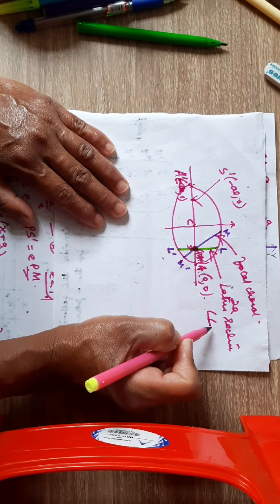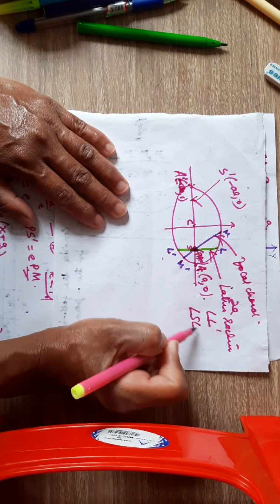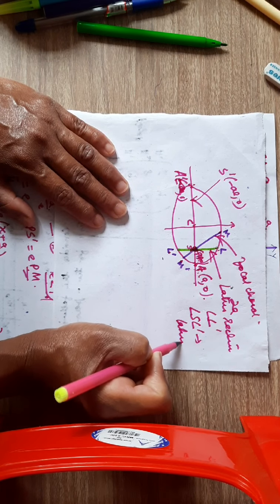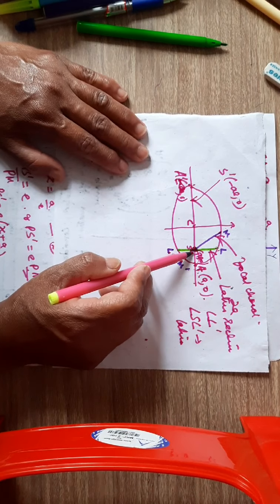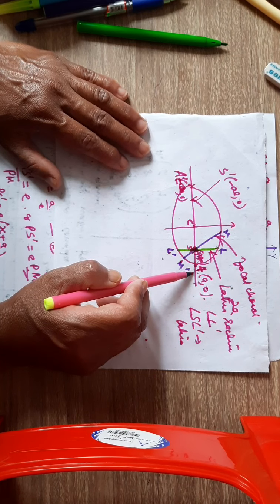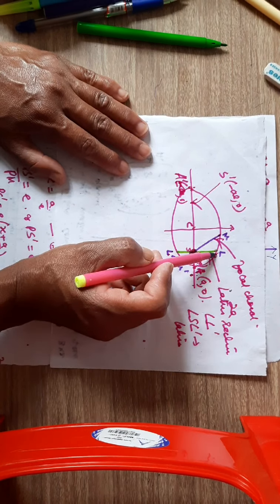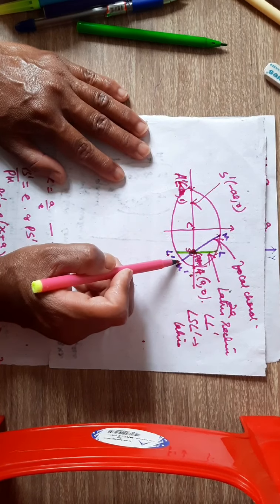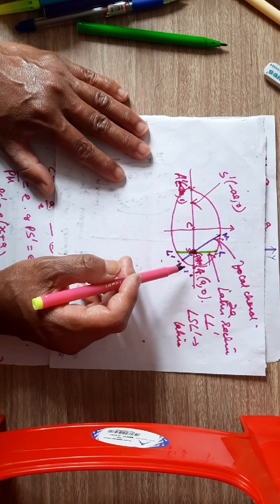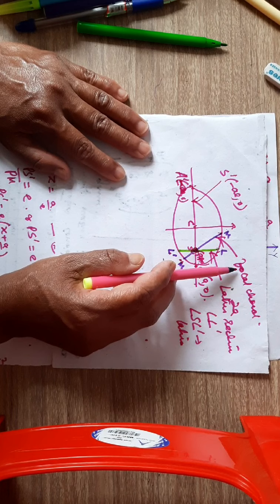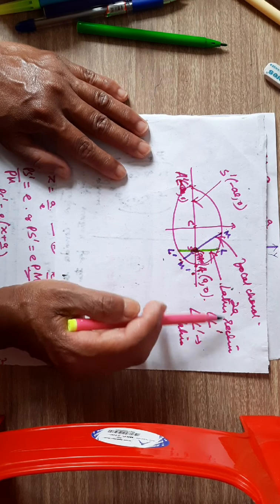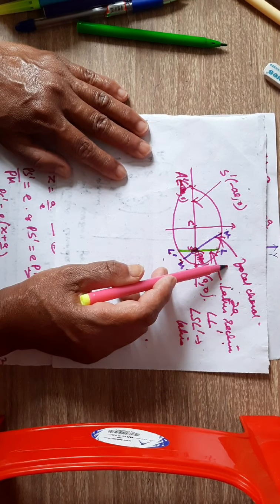Then LSL prime is a latus rectum. It is nothing but a focal chord perpendicular to the major axis. But MM prime is just a focal chord. So from here we can conclude that every focal chord need not be a latus rectum, but every latus rectum will be a focal chord.